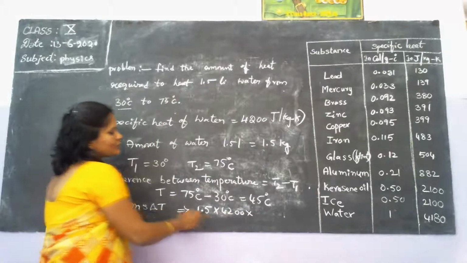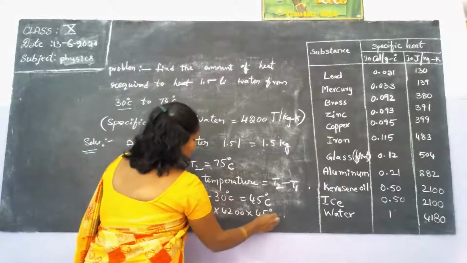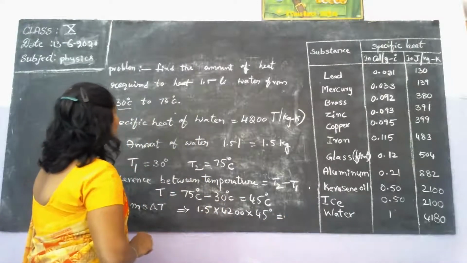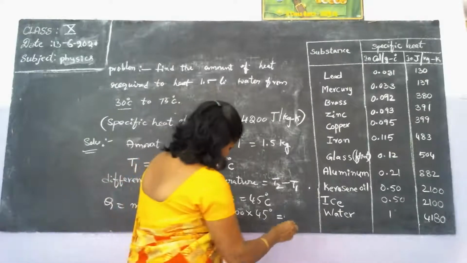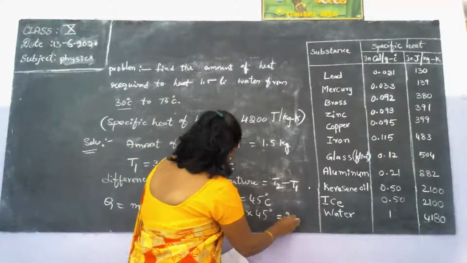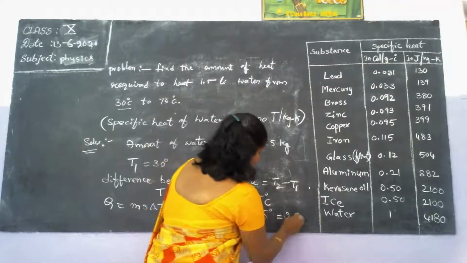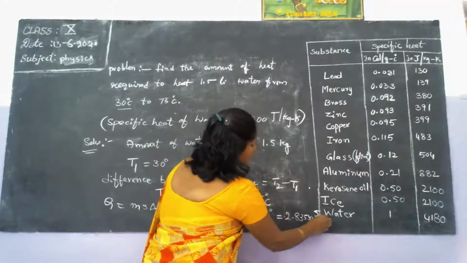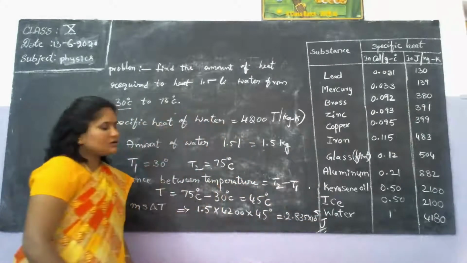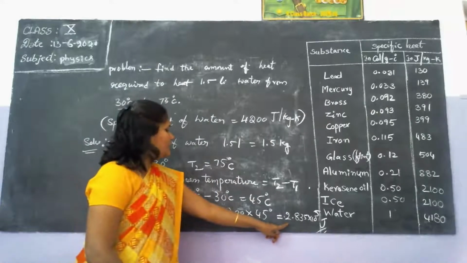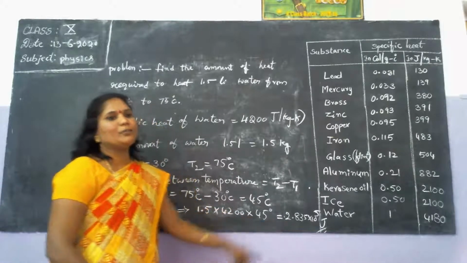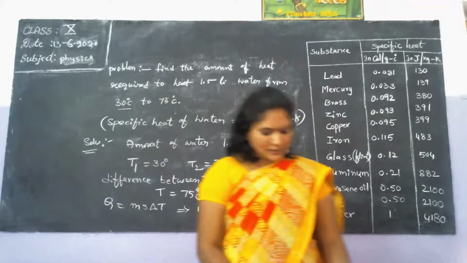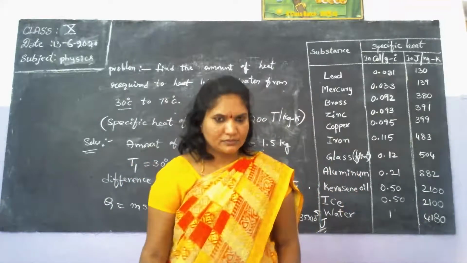The difference of temperature is 45 degrees Celsius. Finally, the heat required becomes 2.835 into 10 to the power of 5 joules. So this amount of heat will be required to raise the temperature of the water. Thank you.